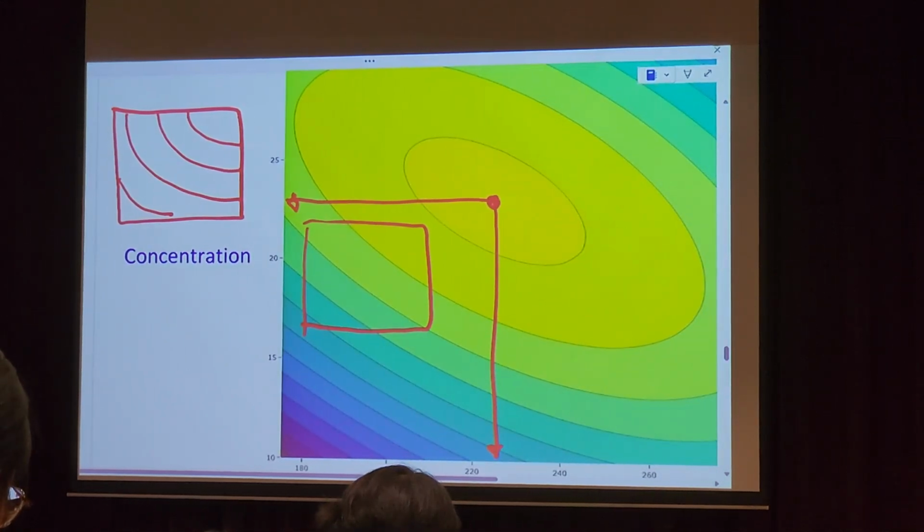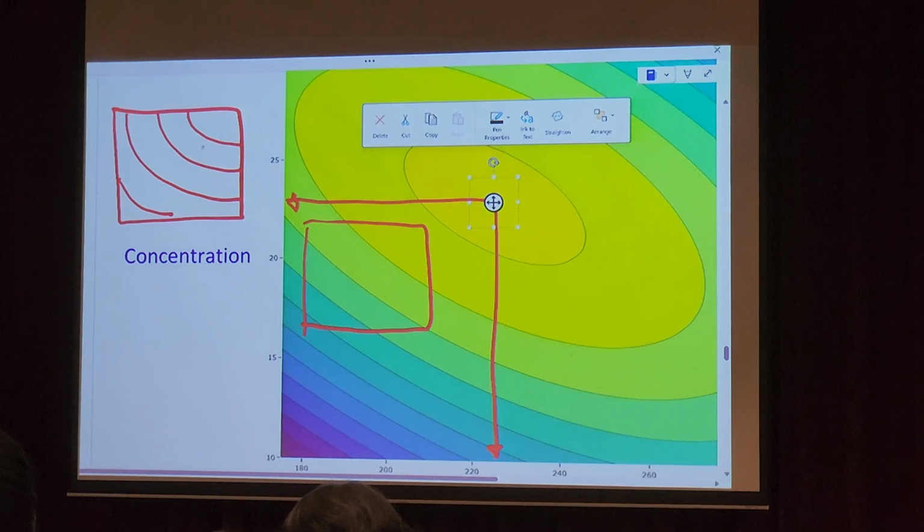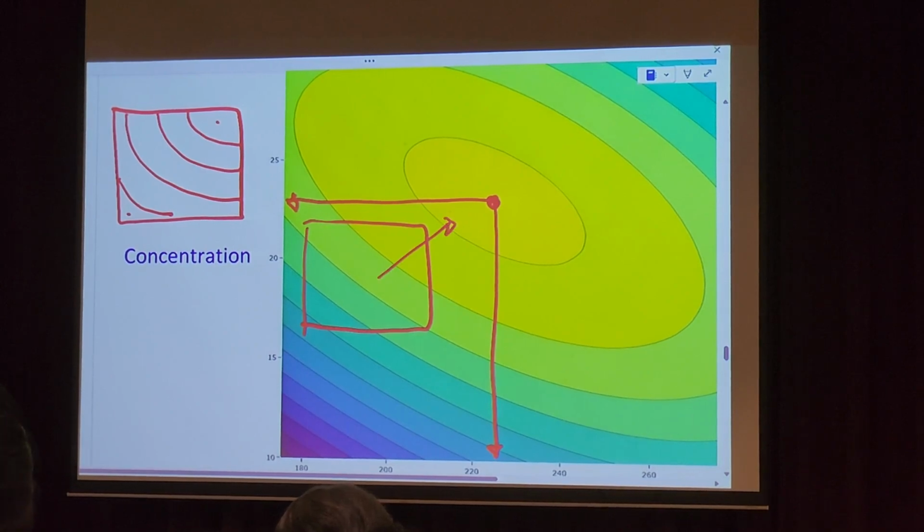If you see curved lines without an ellipse, that means you have not reached the optimal setting yet. So the next experiment is, this will be higher value, this lower value. So you need to move your experiments here.